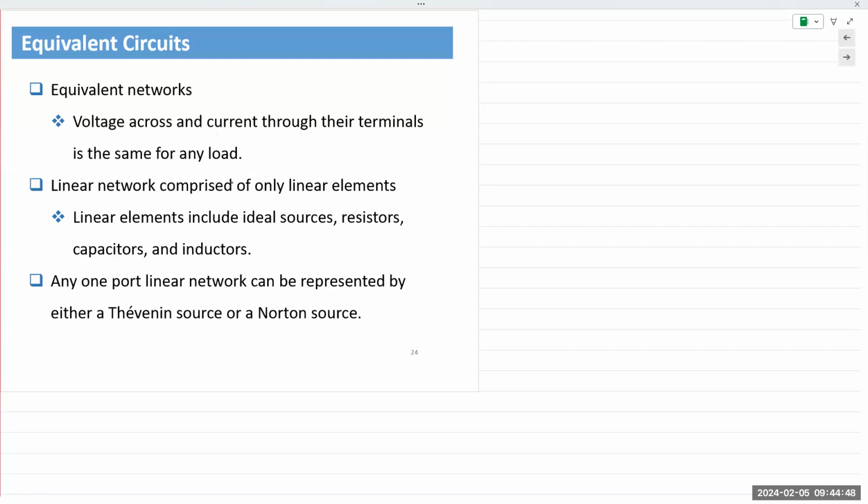Anyway, the second point is that we only study linear components and linear circuits in this class. Linear components are resistors, ideal sources, capacitors, and inductors. Non-linear elements are transistors, solid-state devices, diodes, stuff like that.